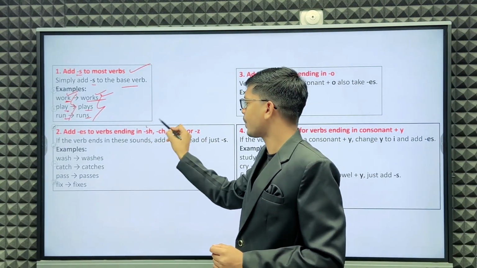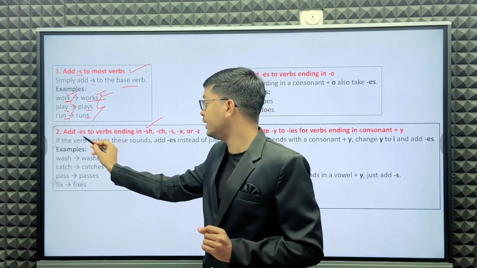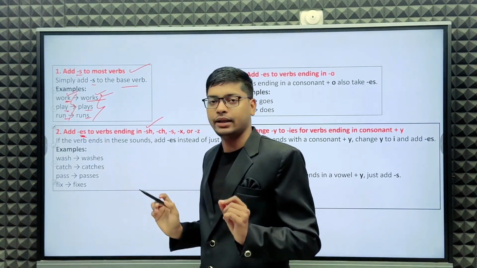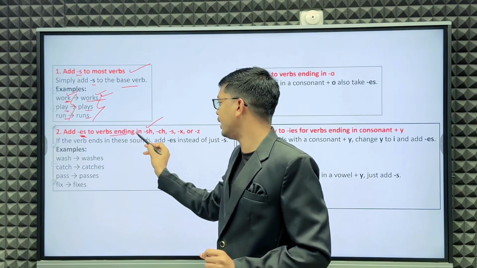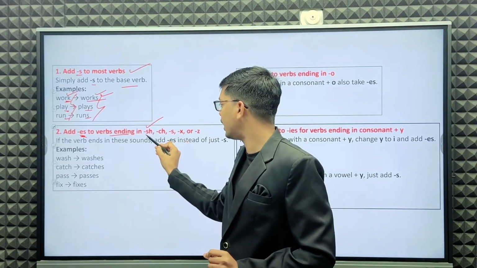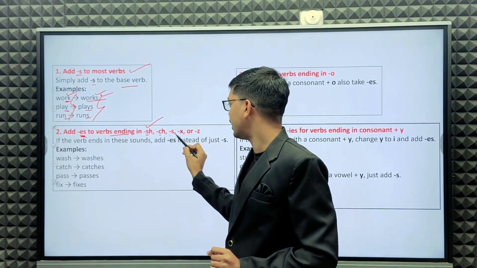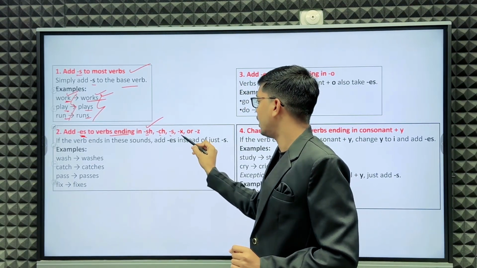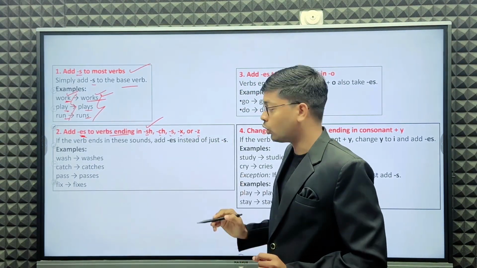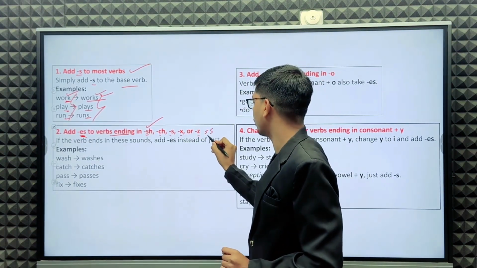Next rule: add es to verbs ending in sh, ch, s, x or z, or double s also.